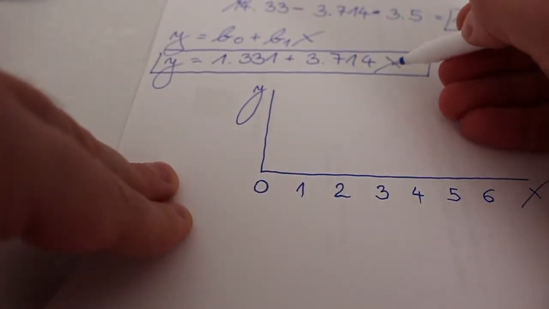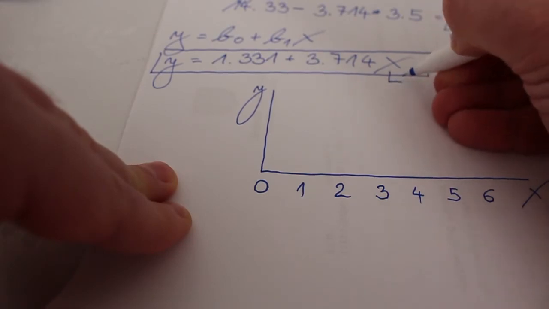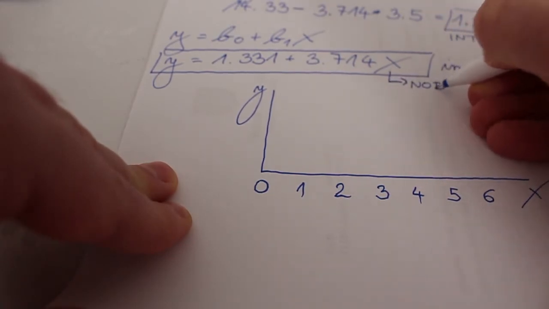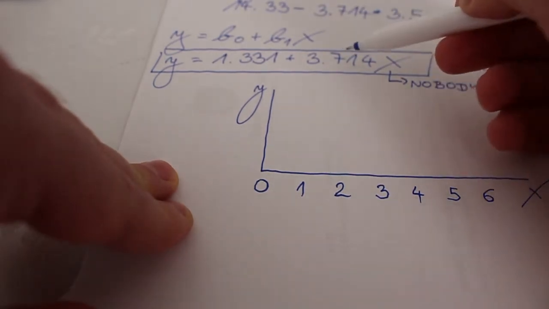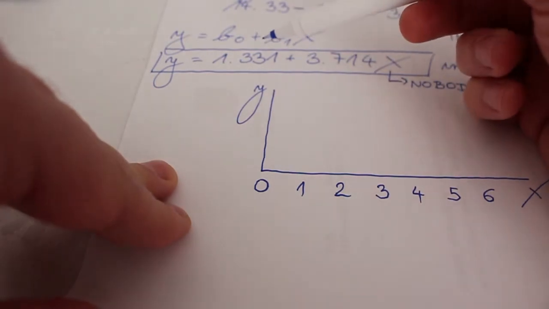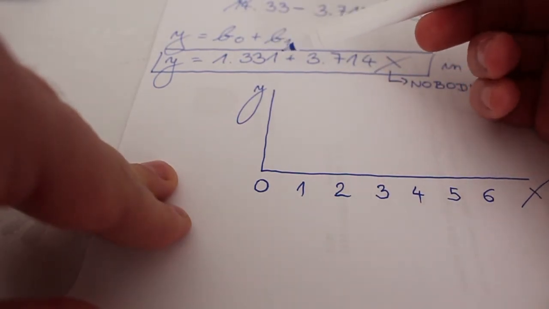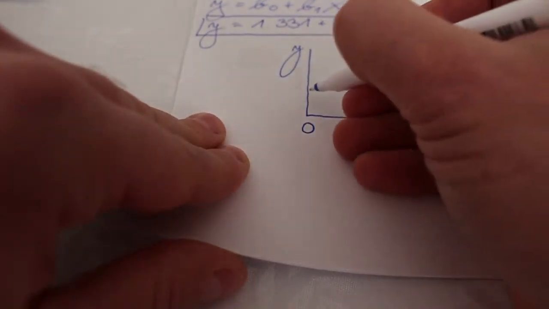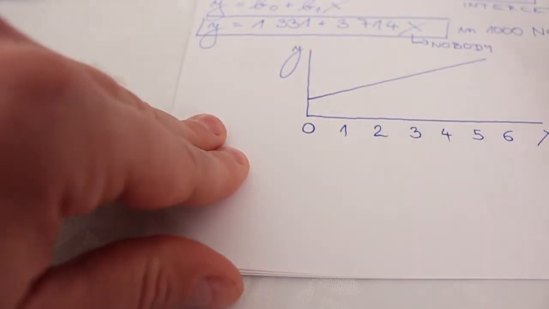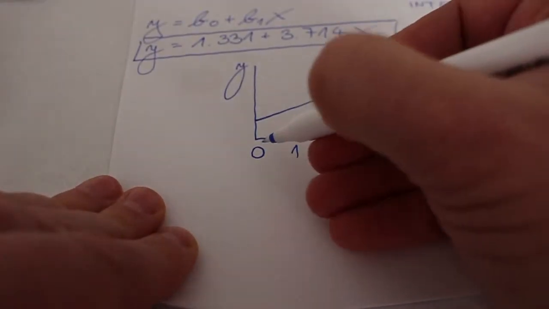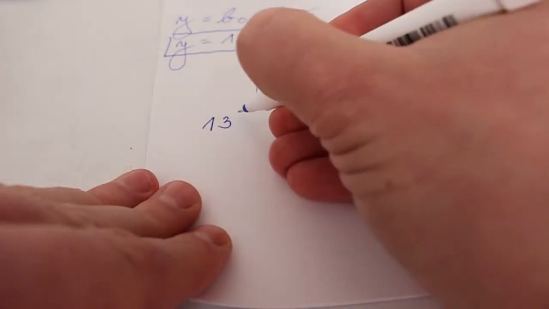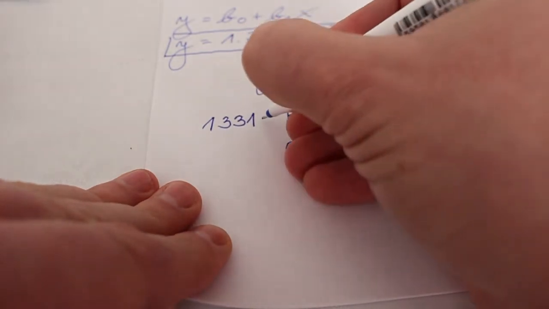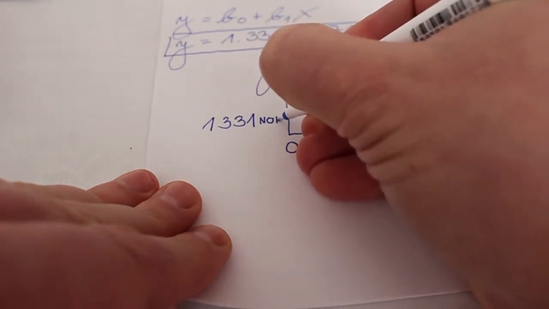Imagine that there is nobody in the household. There will be 0, and expenditures are equal to 1,331 Norwegian crowns. So there is the beginning of the line, and there is the increasing line. With nobody in the house, the value of this function is 1,331 Norwegian crowns.